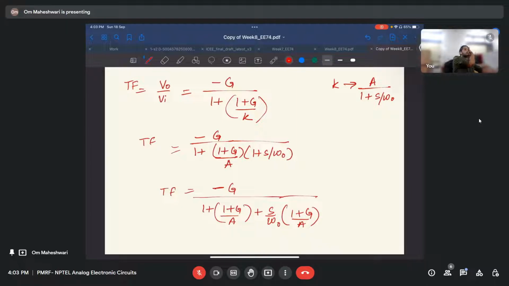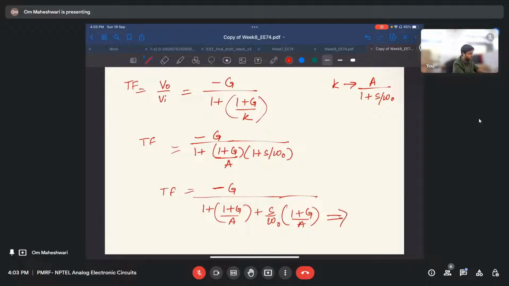To find the oscillation frequency or the 3 dB frequency, we need to find the pole.